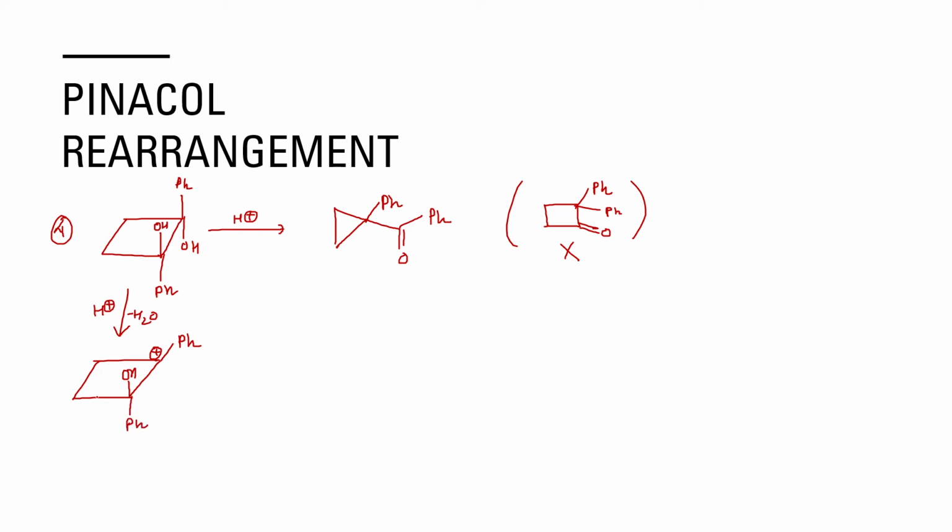So this bond moves, so CC bond migration happens, and it creates a 3-membered ring. Why is this created? Because cyclopropyl methyl carbocation was found to be very, very stable as compared to any other conventional carbocation. It is more stable even than benzylic carbocation. And now it will lose H+ to create the product.